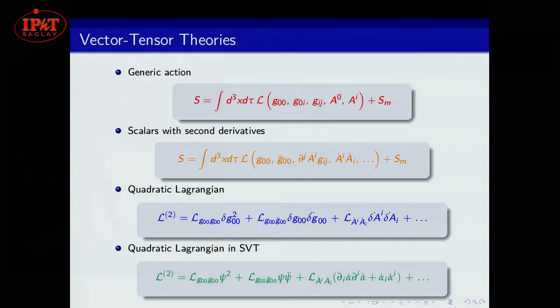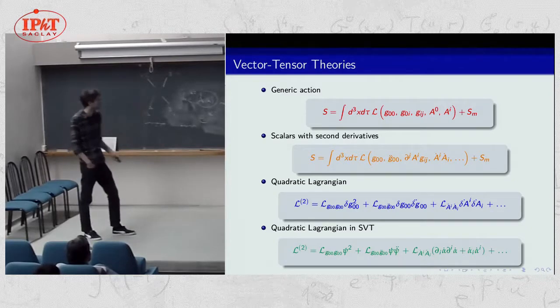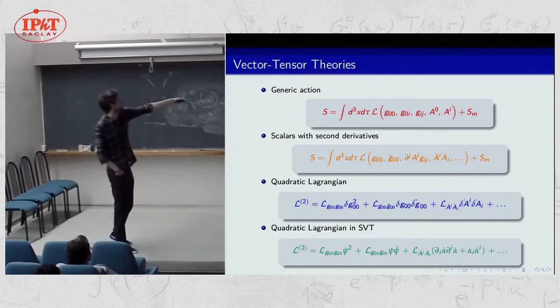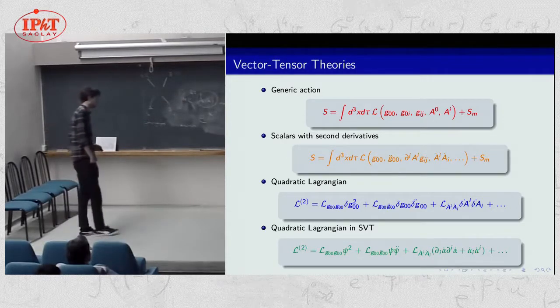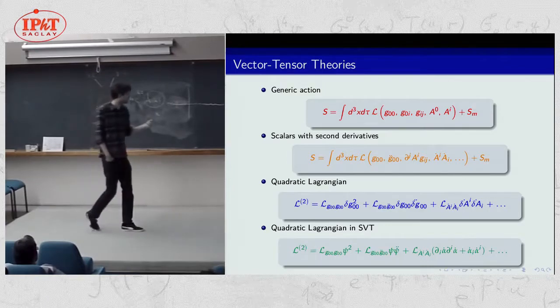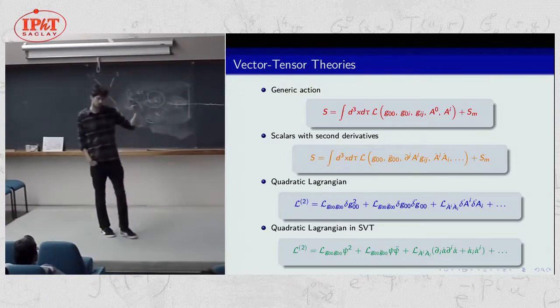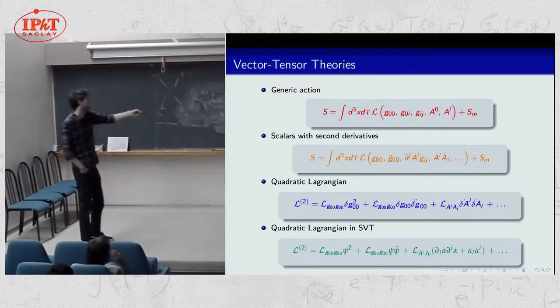In perturbation, you can express it like this, with the 0,0 and 0i components of the metric, or after the SVT decomposition. But in both cases, you can see that all of these terms are quadratic in perturbations. You have at most 2 derivatives in each term, and you have these guys here, which are derivatives of the original Lagrangian.